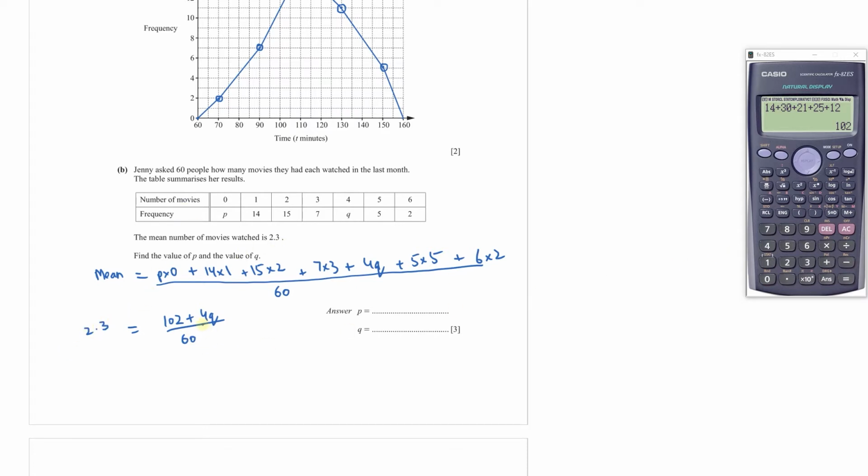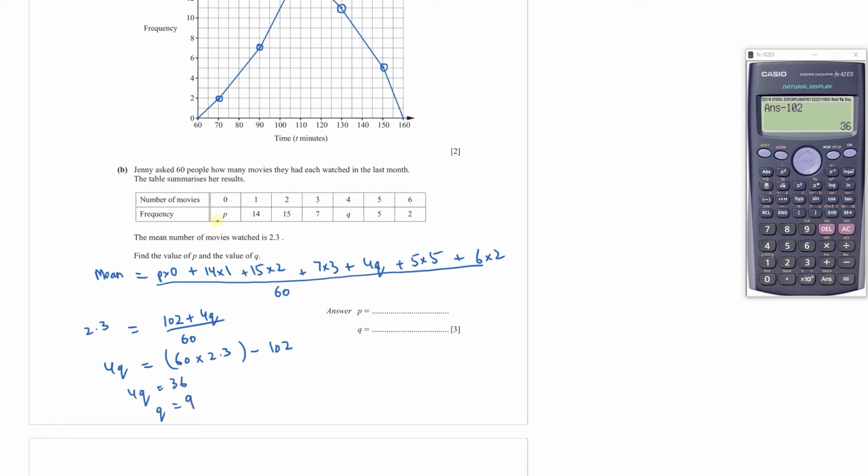So now you can find the value of q. 4q will be equal to 60 times 2.3, multiplying across, and then this 102 will be subtracted on the other side. So 60 times 2.3 minus 102 is 36. So 4q equals 36, and then q will be 9.